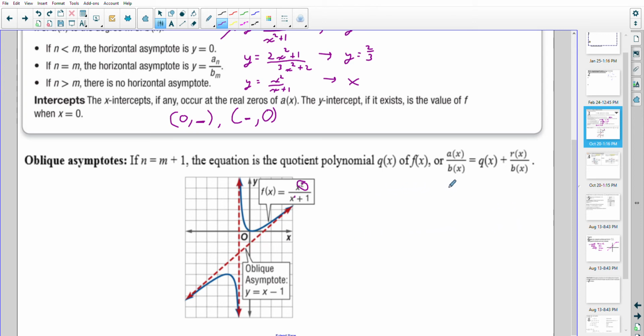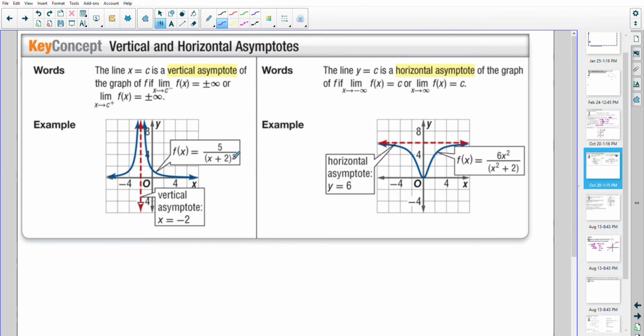One thing you have to do here, however, is to divide the top by the bottom, and when you do that, you're going to figure out what your oblique asymptote actually equals. We'll do an example a little bit later.